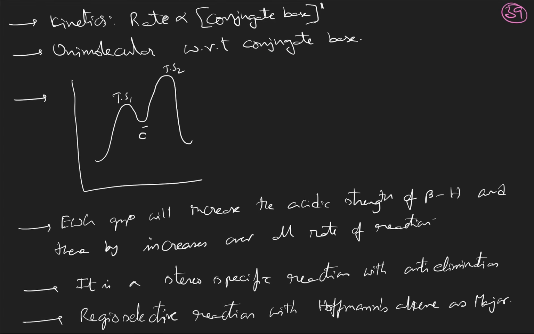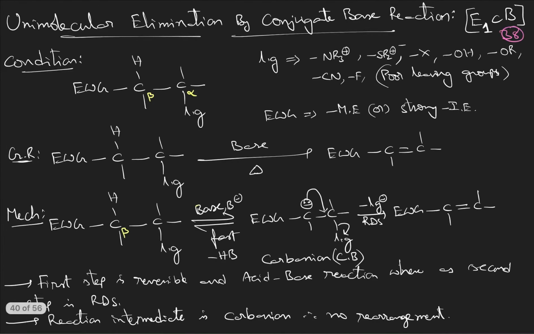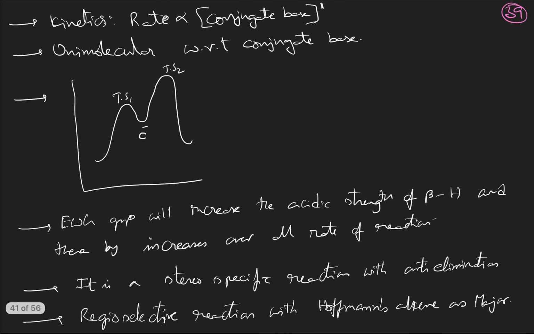And the graph you see has two steps, a fast step and a slow step, the RDS step. So I already told you the number of peaks in the energy curve will be equal to the number of steps of the reaction. It is a two-step reaction, therefore two peaks. And the taller peak is the RDS step.